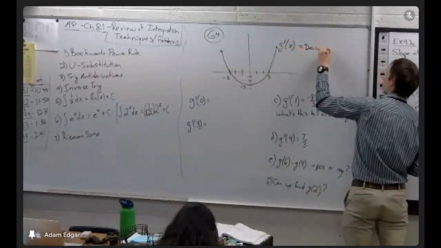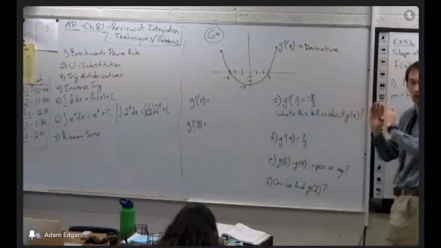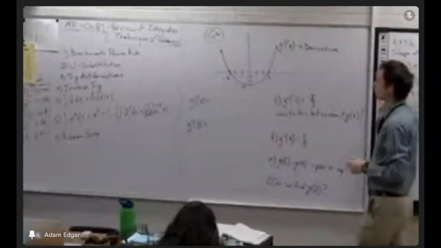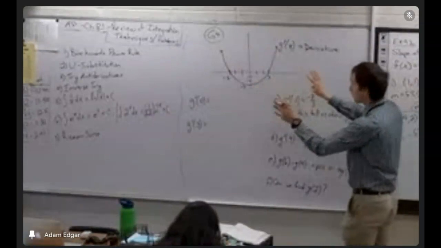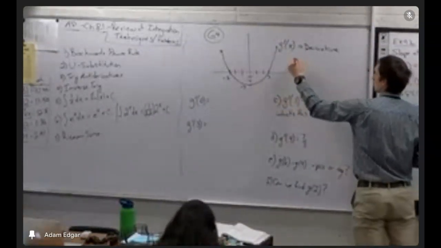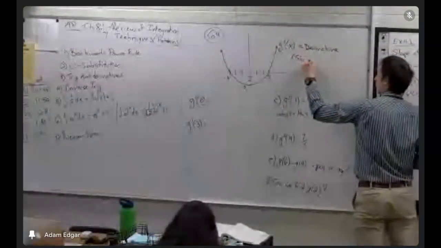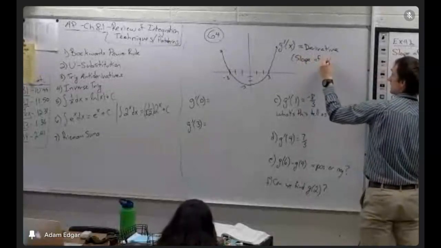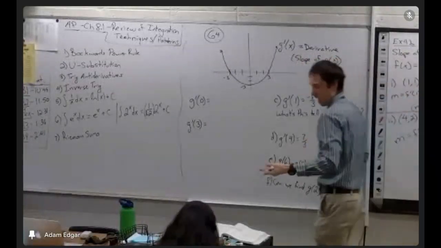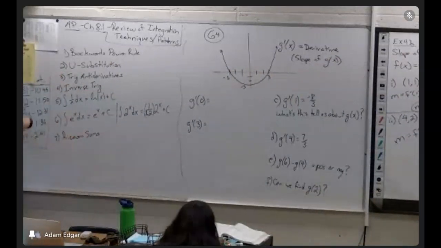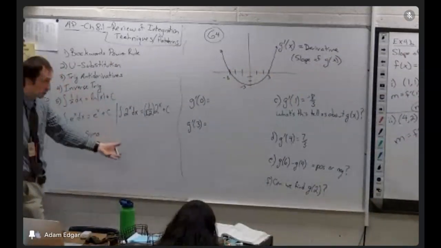Instead of showing you a curve G, I'm telling you, here's the derivative of G. This is what the derivative looks like. And remember, what are derivatives the same as? Slope. So this curve tells us the slope of what? G. G prime means the derivative. Derivatives are slopes. It's the slope of the G function.